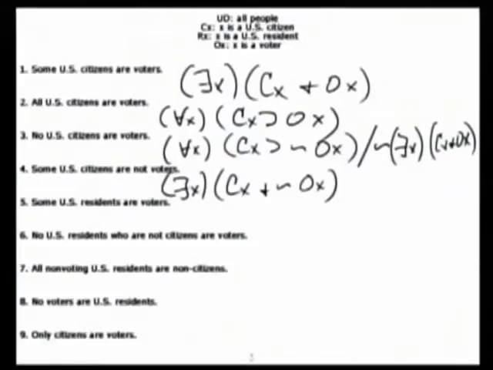In my mind, when I say that, I mean there is at least one. The existential quantifier covers the situation when there is one and when there is more than one, as long as it does not indicate that all of them are. It's that there's at least one.